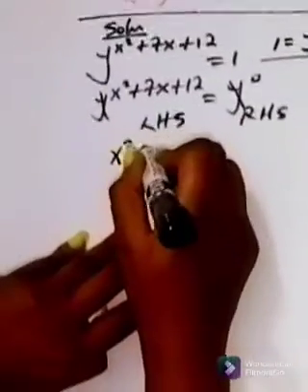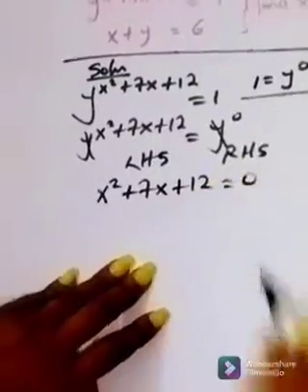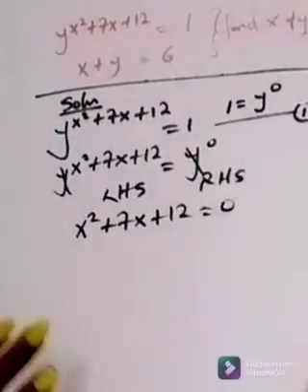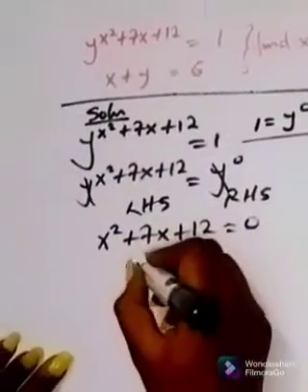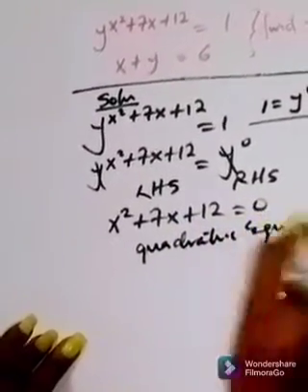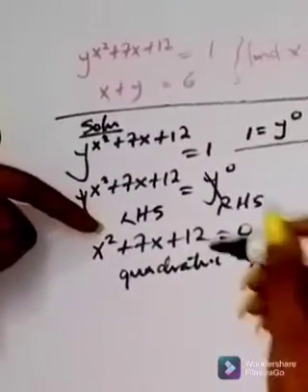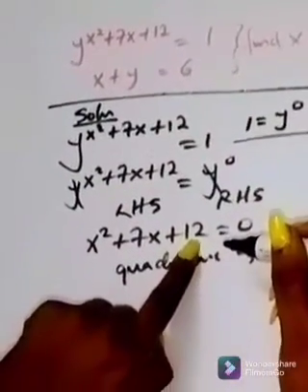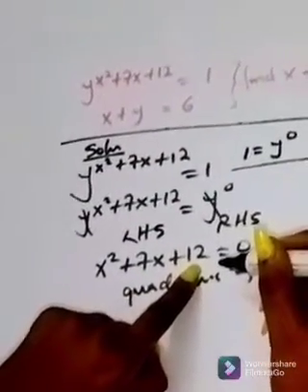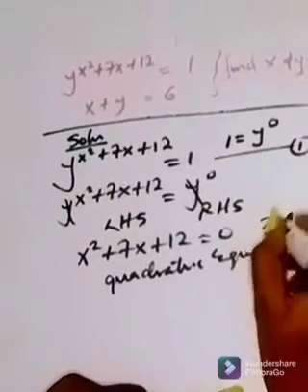So this will cancel out, giving us x squared plus 7x plus 12 equal to 0. So now I'm seeing a quadratic equation. And I'm also seeing the factors already. So what factors of 12 can you add that will give you 7 and multiply that will give you 12? I found out that we can use 3 and 4, okay?